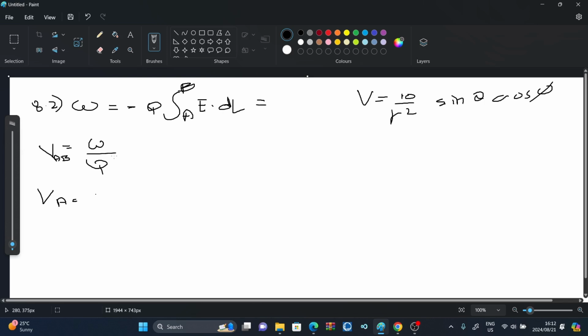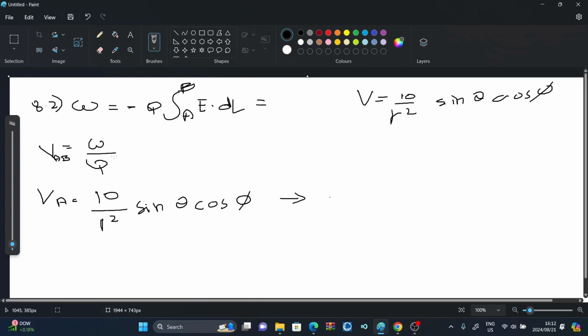So our voltage at A will be R squared sine theta cos phi.